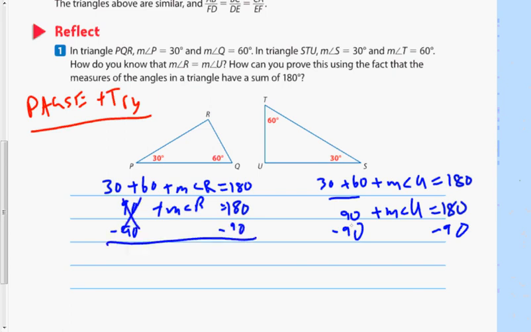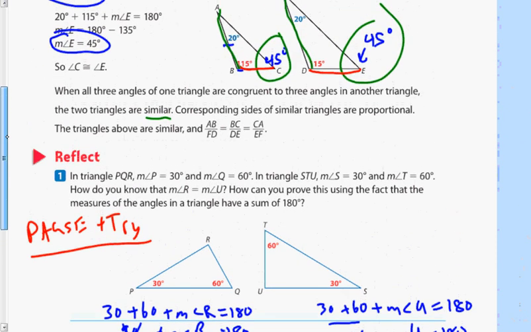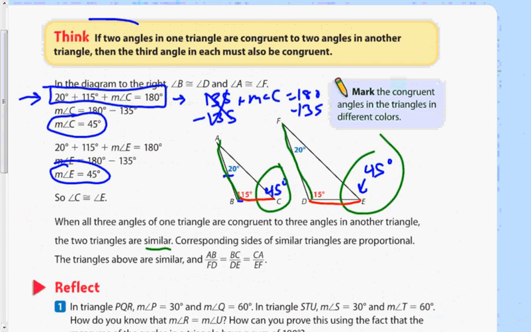It cancels out the 90 on both sides, and you get the measure of angle R equals 90, and the measure of angle U equals 90. So that shows and proves that those angles are congruent. And that's actually a statement of fact, something that we know is true, as we have described right here.